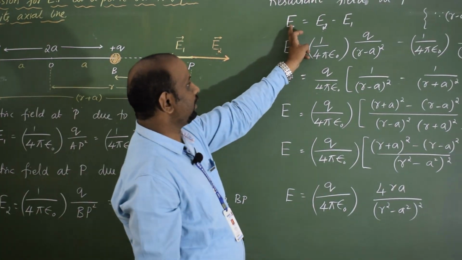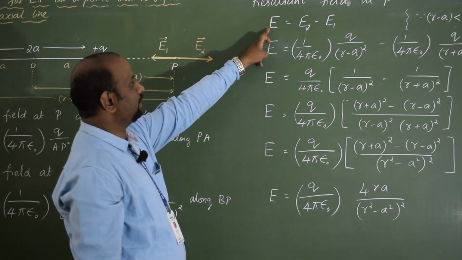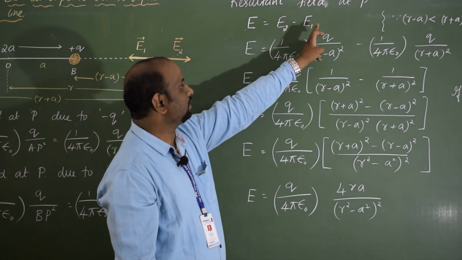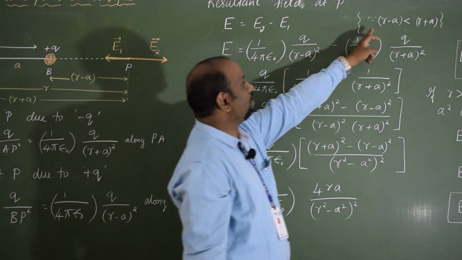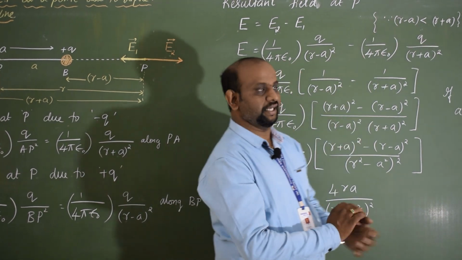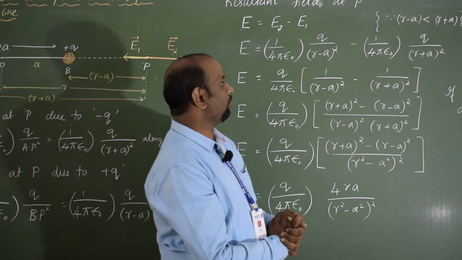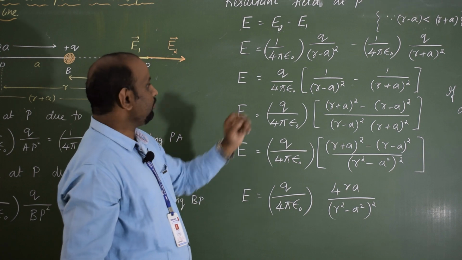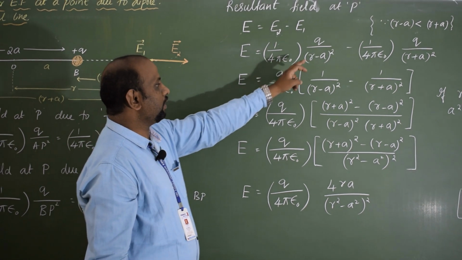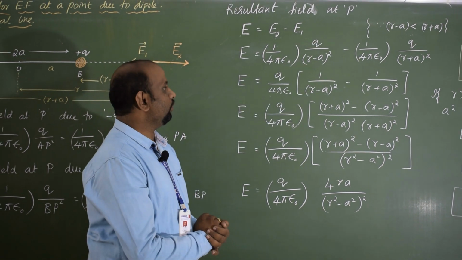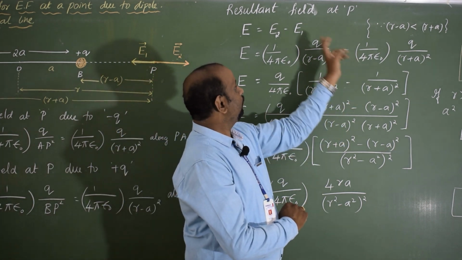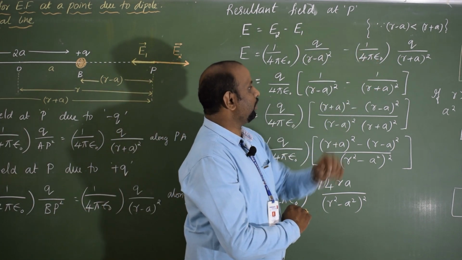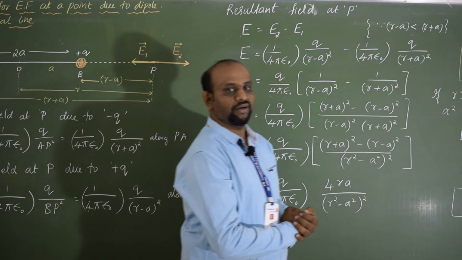The net resultant electric field at P is given by E is equal to E2 minus E1, because R minus A is lesser than R plus A. What is the E2 value? 1 by 4 pi epsilon naught Q divided by R minus A whole square, minus, what is the E1 value? 1 by 4 pi epsilon naught Q divided by R plus A whole square.